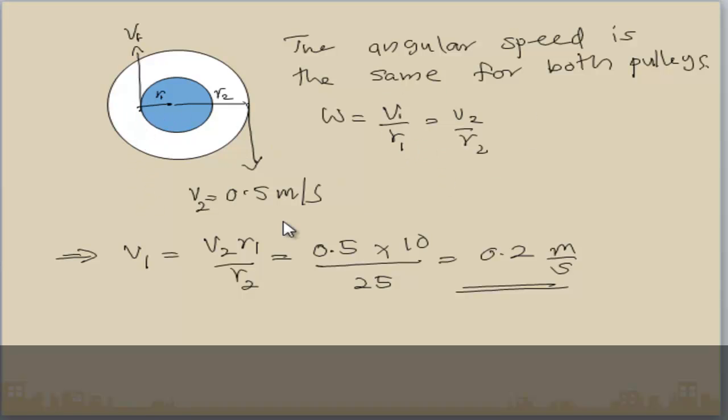By solving the equation for v1, we get v1 equals v2 times r1 divided by r2. So it's 0.5 times 10 divided by 25, which is 0.2 meters per second. So when you pull this rope at 0.5 meters per second, the weight moves upward at 0.2 meters per second.